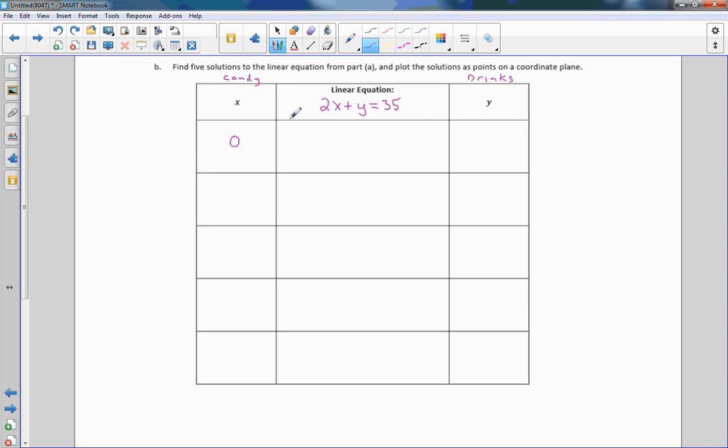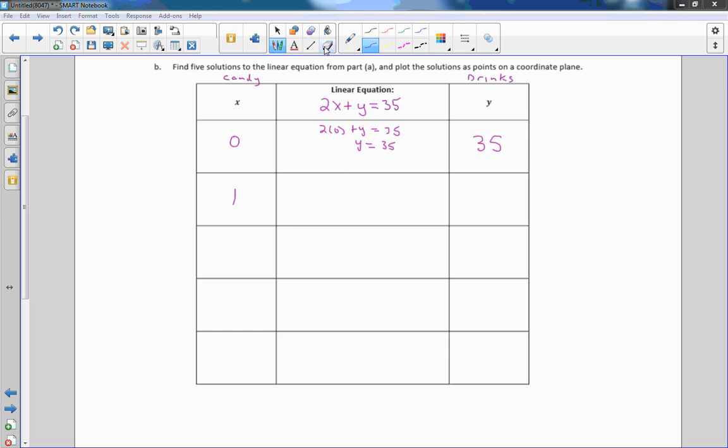So that is possible. You could just buy drinks, so I'm going to start with 0. So 2 times 0 plus Y equals 35. Y equals 35, because 2 times 0 is 0. So I can buy 35 drinks and no candy. If I buy 1 candy, let me think about this a second.